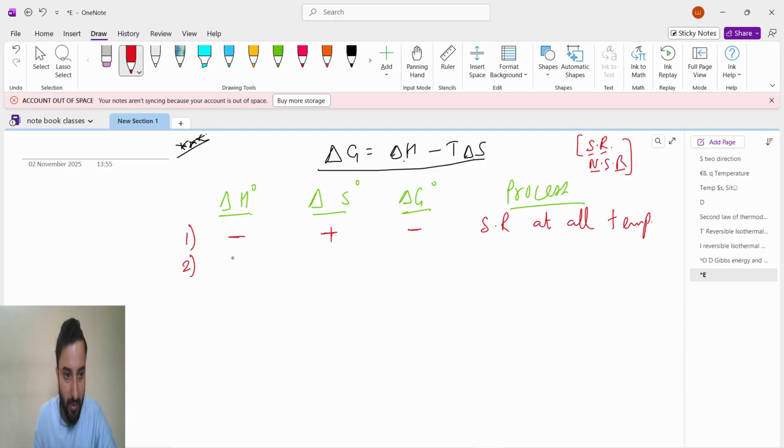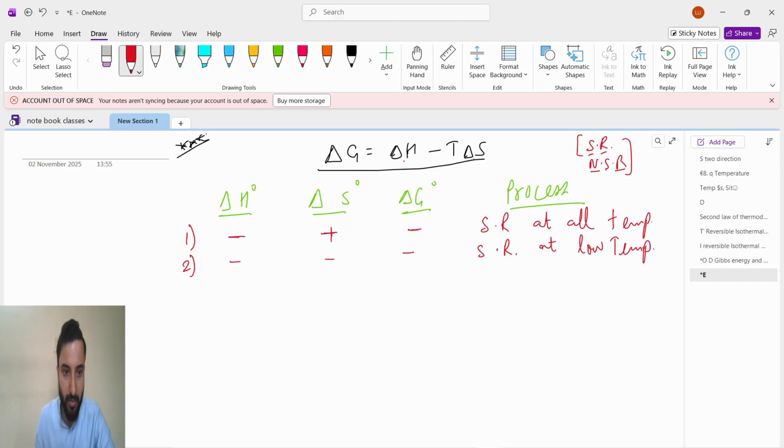Second is delta H negative, delta S also negative, so delta G is also negative. This is spontaneous reaction at low temperature.